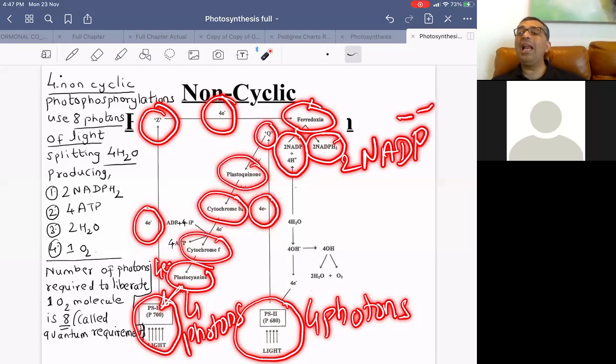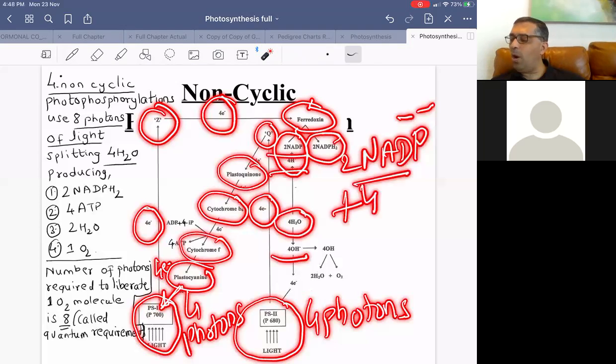And how many photolysis of water will take place? 4 photolysis of water to form 4H plus and 4OH minus. 2 NADP with 2 electrons combined with 4 protons to form 2 NADPH2.